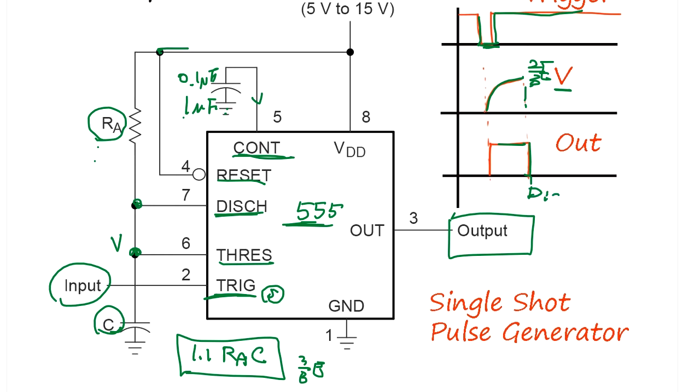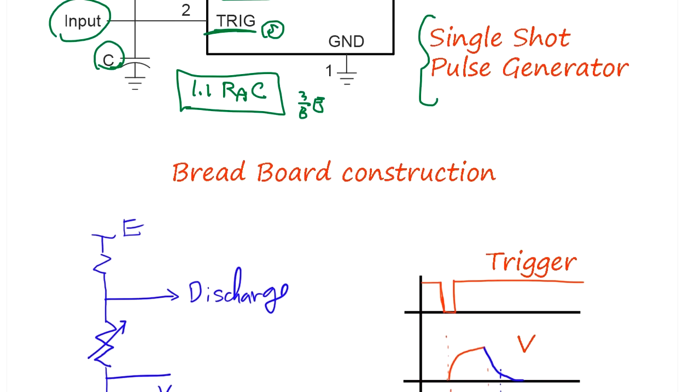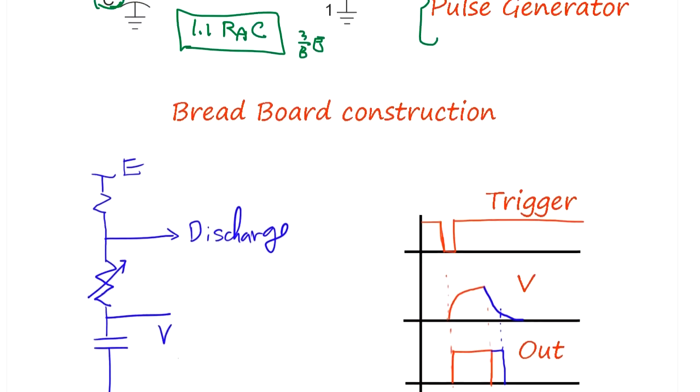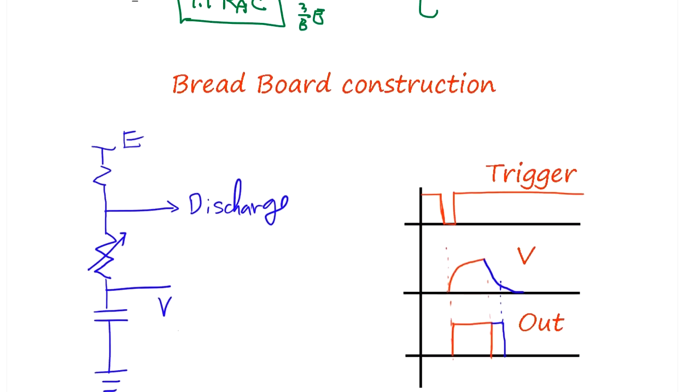So a single trigger causes a single charging, so you get 1 digital pulse, a single shot pulse generator. That's a monostable operation. Okay, and we're going to make a breadboard using this IC chip and confirm the operation.